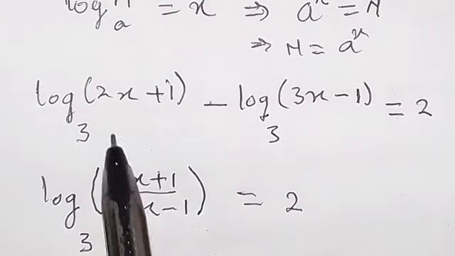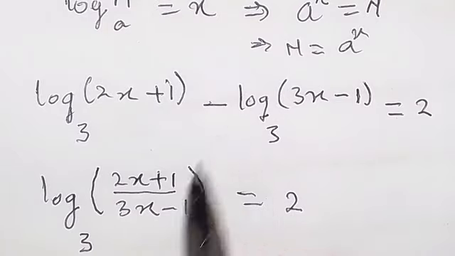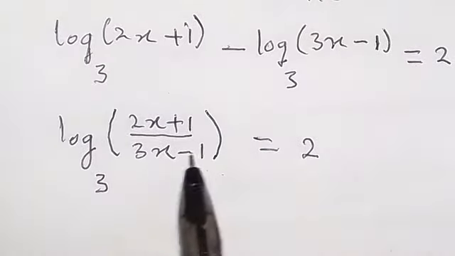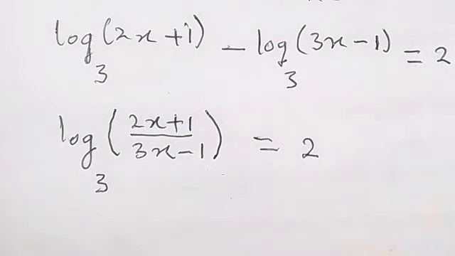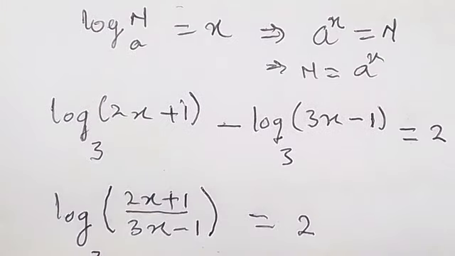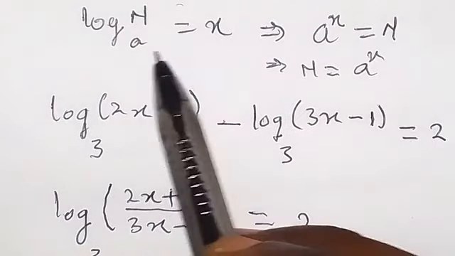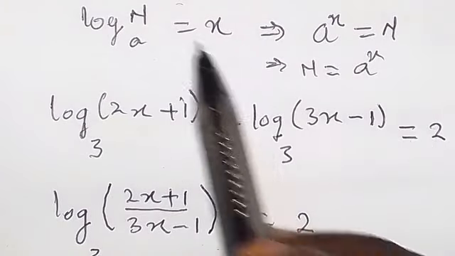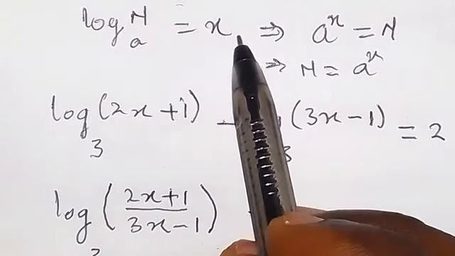So we have summarized this to just a single log in base 3. Now we relate logarithm form to indices form, so we have n equals a raised to power x.